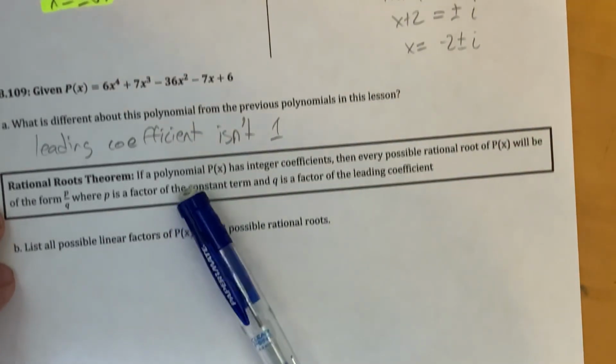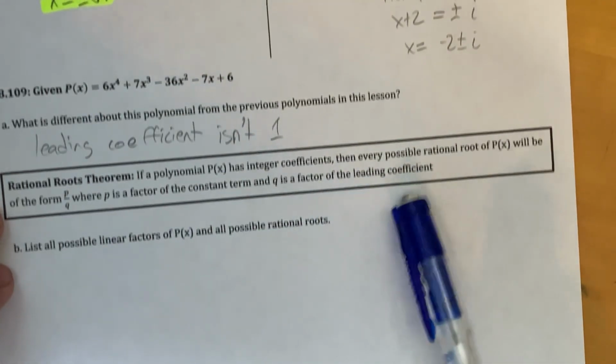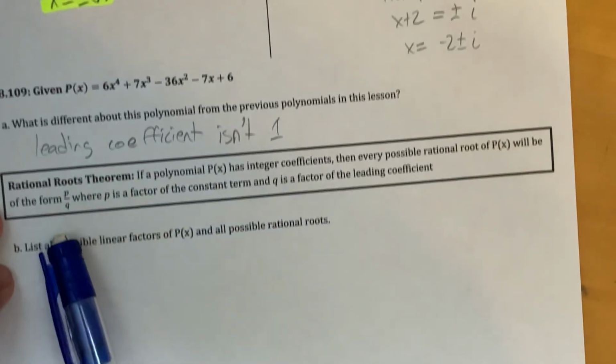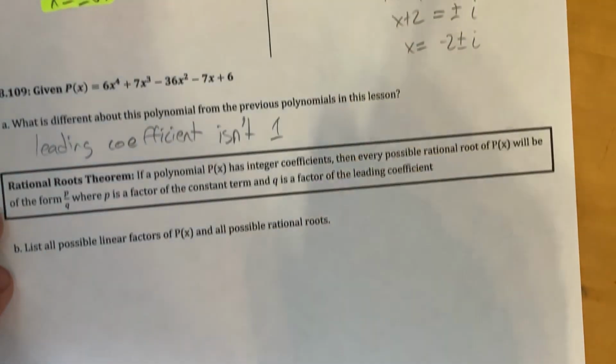So it says here, if a polynomial p of x has integer coefficients, then every possible rational root of p of x will be of the form p divided by q, where p is a factor of the constant term and q is a factor of the leading coefficient. And negatives do count. That's why it's plus or minus, because negatives are still factors of that term.